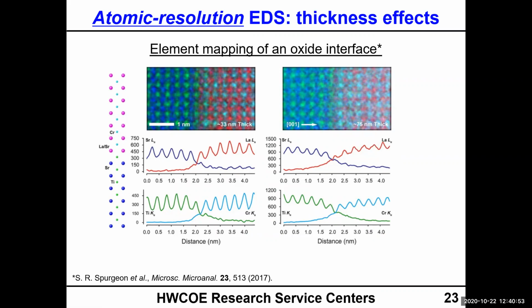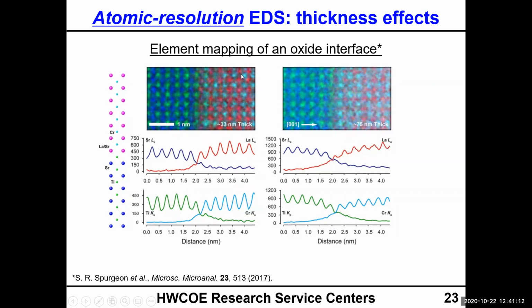The main reason I want to put this in here, we see two maps here that clearly show atomic resolution EDS across an oxide interface. But what you can see, very interesting here, is that on the left, I see better detail than I do on the right. The difference between these samples is thickness.